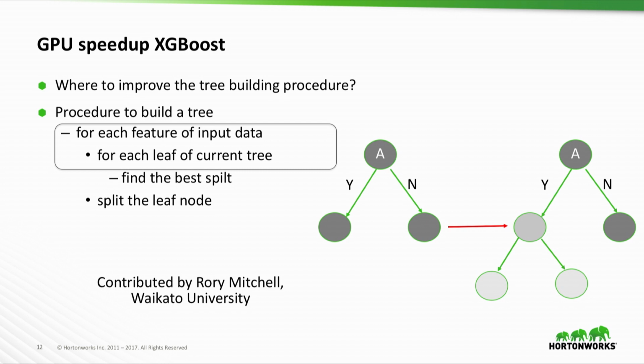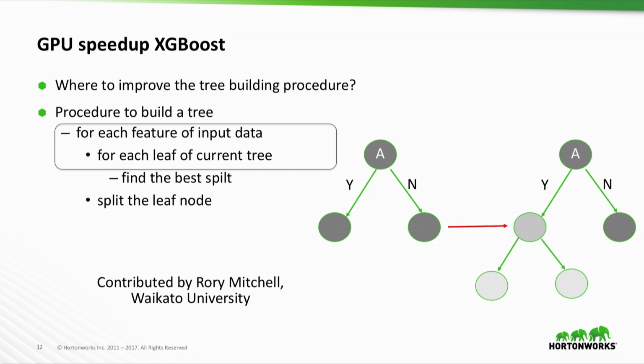So first, a very short introduction about XGBoost on GPU. Let's recall what we talked about in the last slides. We said that XGBoost has parallel tree construction, which means you can build the XGBoost trees in parallel. Let's look at this picture.